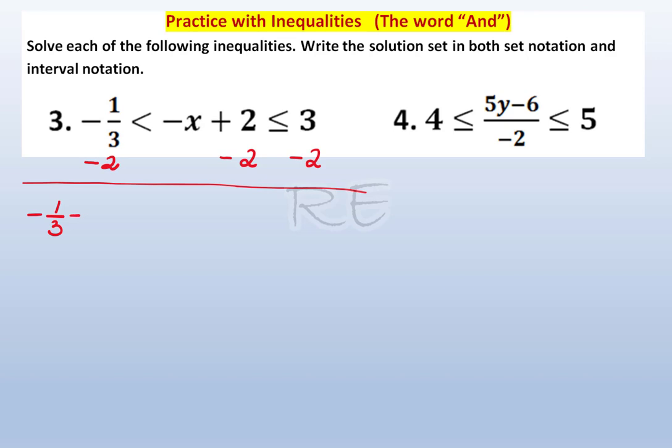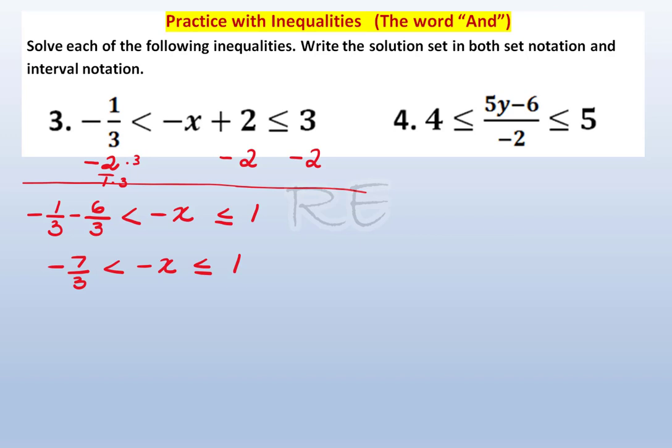And 2 is 2/1, which, when we multiply by 3/3, is -6/3, less than -x, less than or equal to 3 minus 2, which is 1. So -1 minus 6 is -7/3, less than -x, less than or equal to 1.